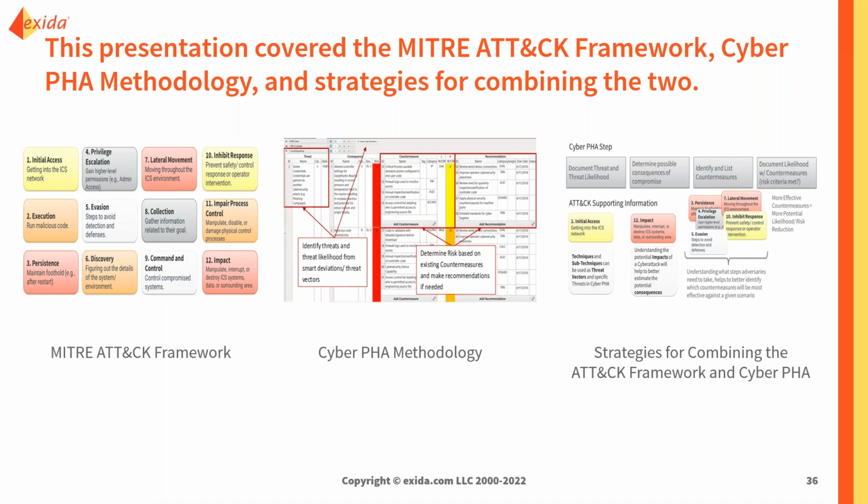So in summary, we looked at the MITRE ATT&CK Framework, understanding the basis for it and how we can take advantage of it. We looked at an overview of the Cyber PHA methodology, and then we looked at specific strategies for combining the two and using a hybrid or combined approach.